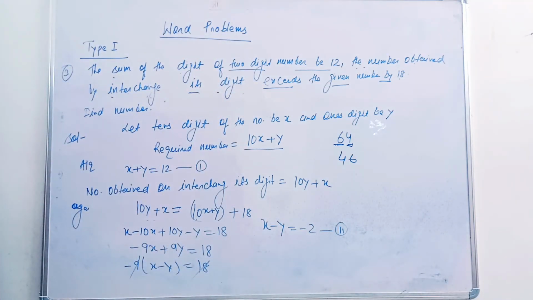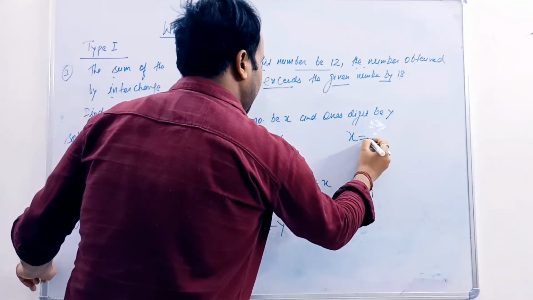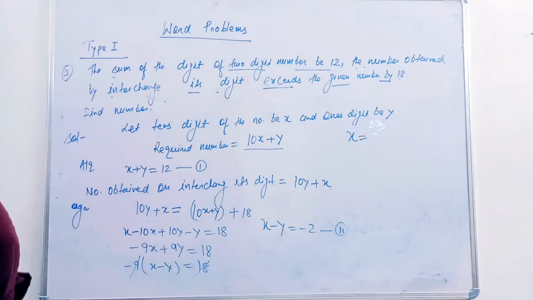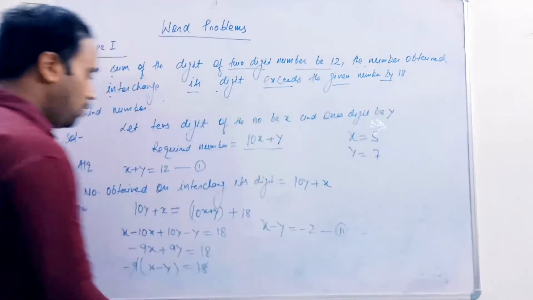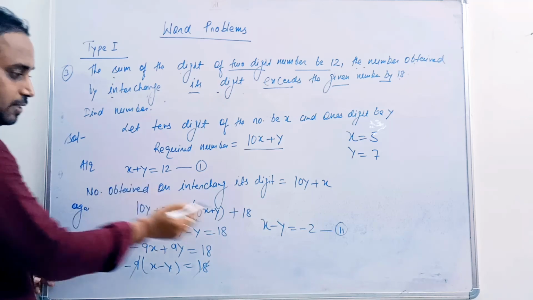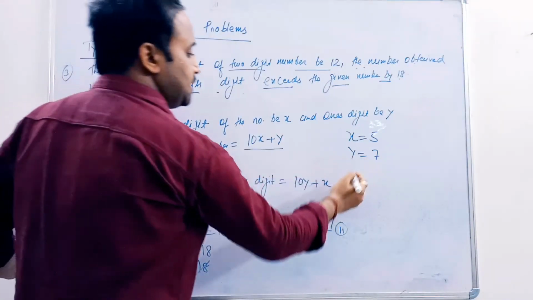Again, we have to do the same process. Solve equations first and second, and you get the values of x and y. The value of x will be 5 and y will be 7. How does this come? After solving equations first and second, you get x will be 5 and y will be 7.